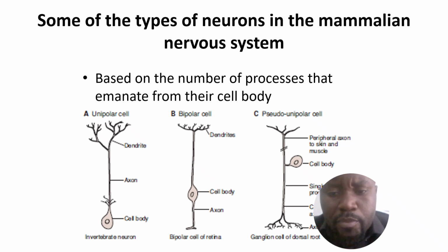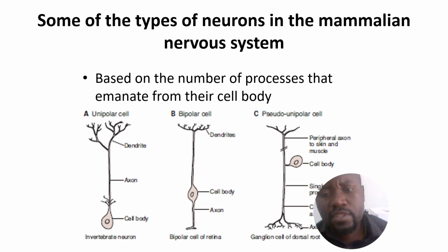In terms of the anatomical features that help to characterize the different types of neurons, we could use one simple way to classify neurons based on the number of processes that emanate from the cell body. So neurons anatomically can be classified as unipolar, because there is only one process extending from the cell body. They can be classified as bipolar, bi meaning two extensions from the cell body, or multipolar, because there are several extensions from the cell body.